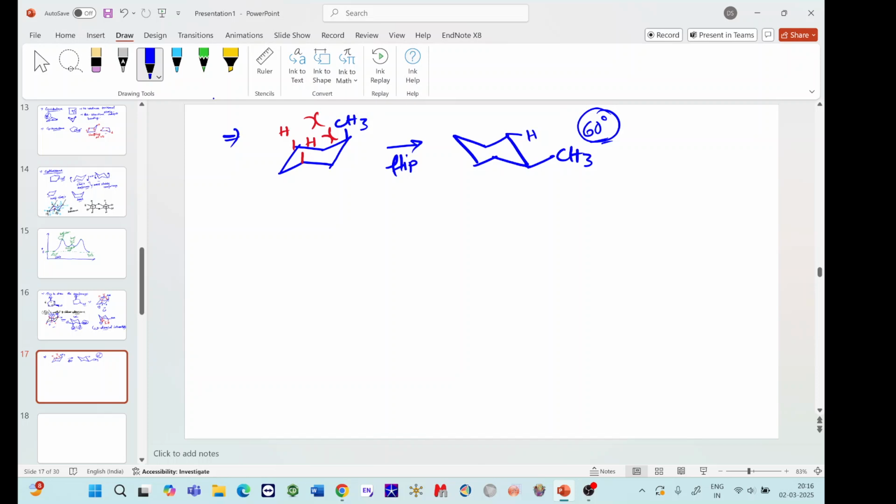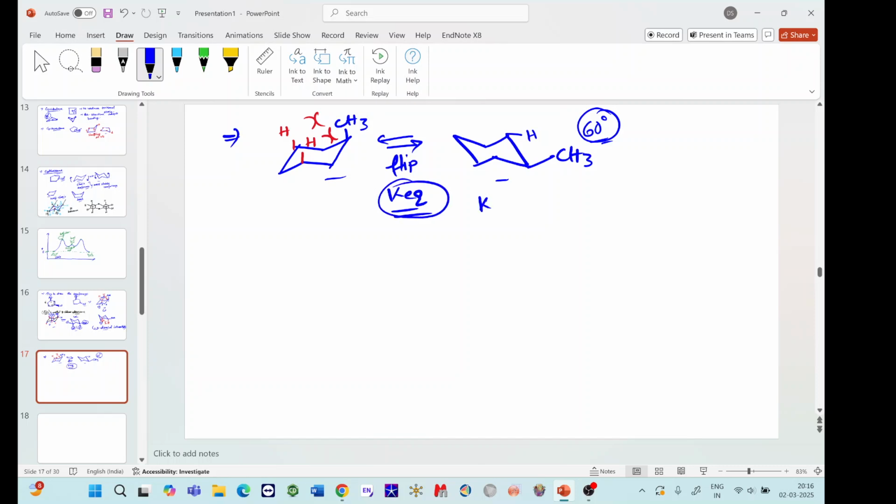So now you have to calculate the stability. Which one of the conformers will be stable at room temperature? You have an equilibrium running between these two conformers.